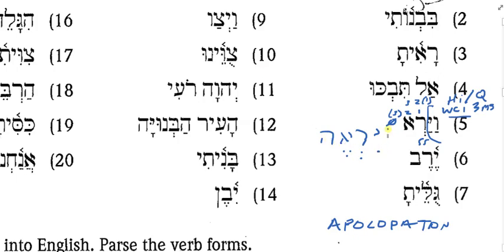Now, if I add the vav and I apocopate this, I'm going to get vayir and a silent shva and an aleph. And for some reason, this verb likes to take the patach there, and it becomes vayar, and he saw. Okay? All right.